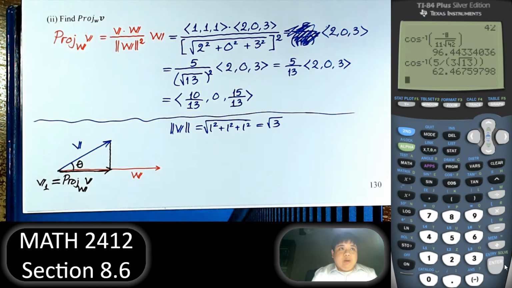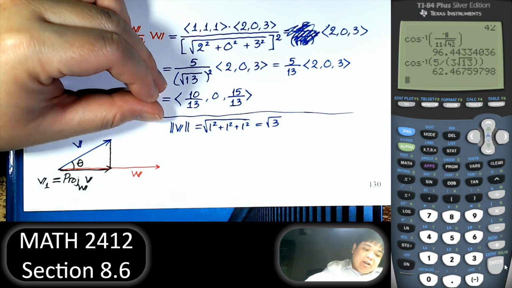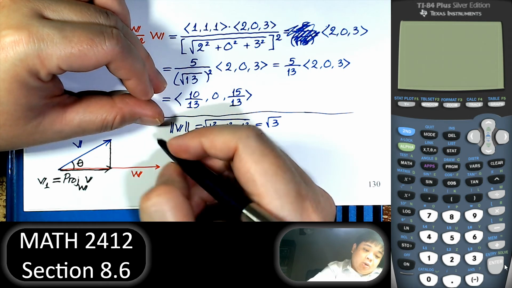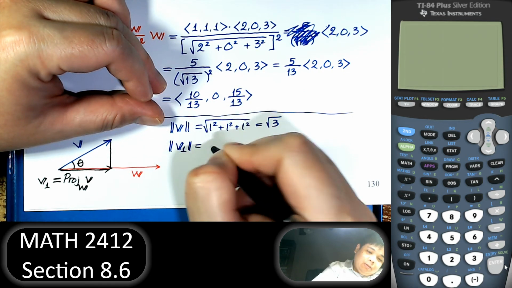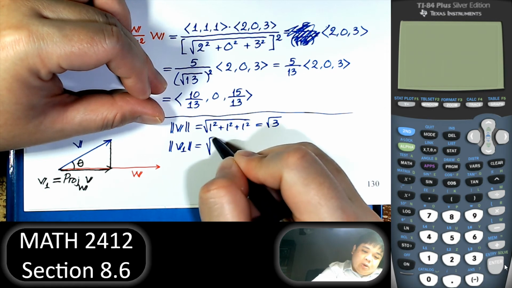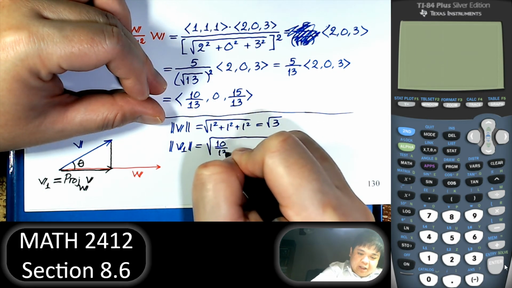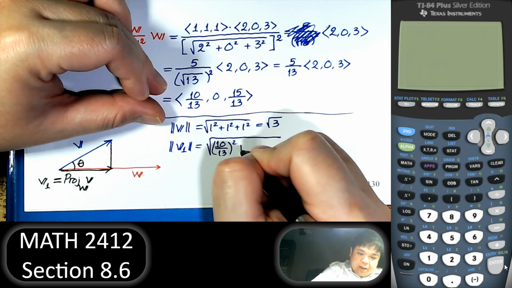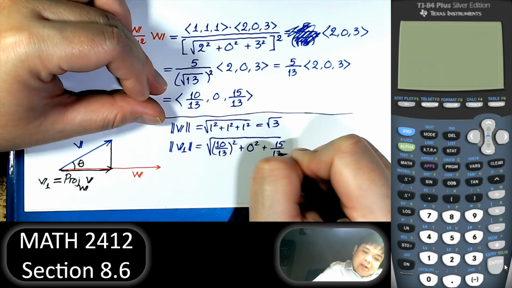So let V1 be the projection of V onto W, and now let's find the magnitude of V1. It will be the square root of 10 over 13 squared, plus 0 squared, plus 15 over 13 squared.